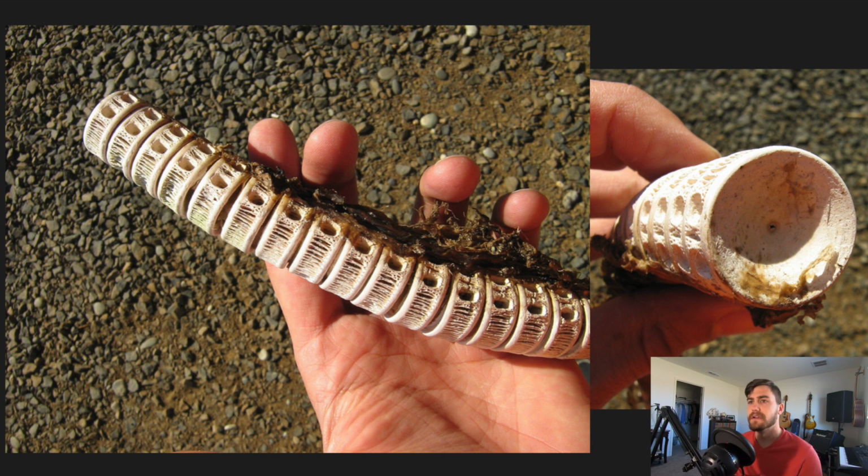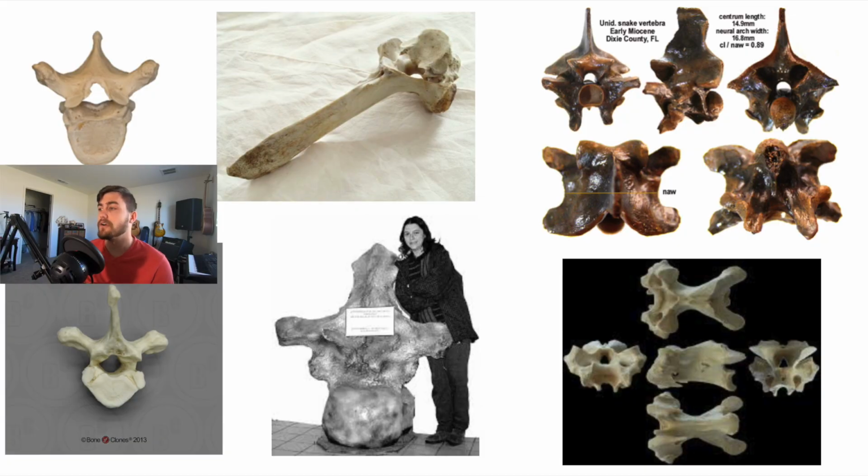With true ossified skeletons. But if we look at all these different vertebrae, I believe it's human and chimpanzee on the left. I think that's a bison vertebra in the top middle. Now, bison famously have that giant hump. They get that just by having an extremely large spine.